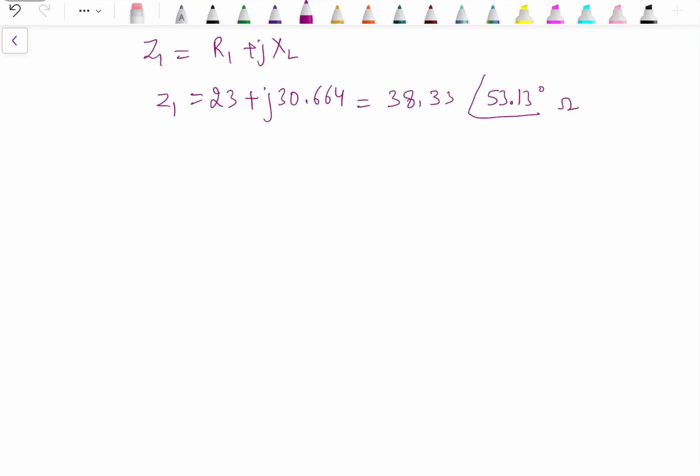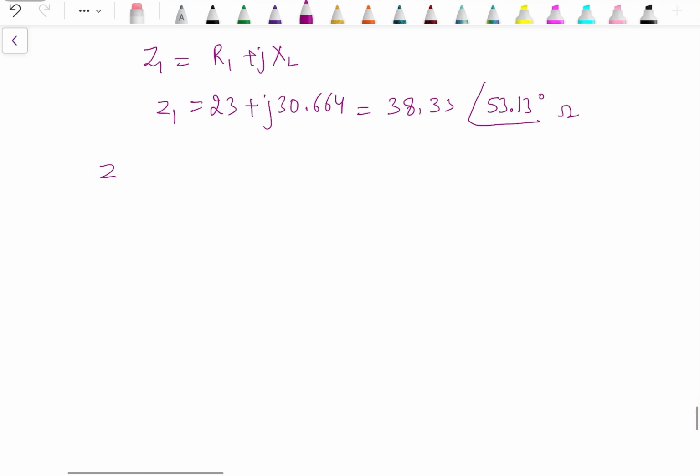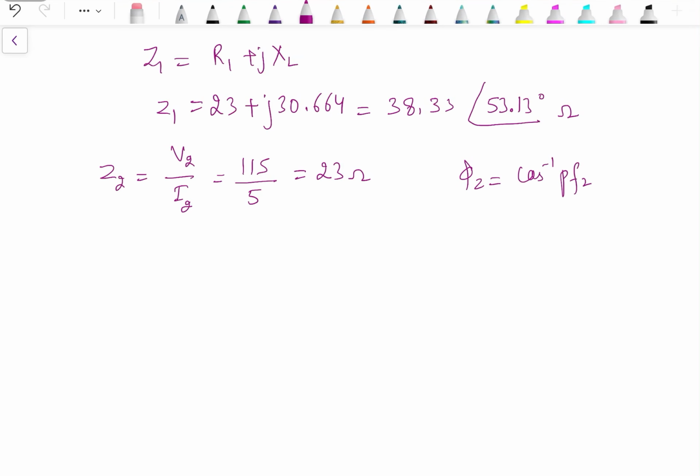Similarly, we can calculate the impedance of second circuit from the voltage and current of second circuit. Voltage is same 115, current is 5 ampere, so Z2 is 23 ohm. Phi 2 is cos inverse power factor 2, 45 degree.